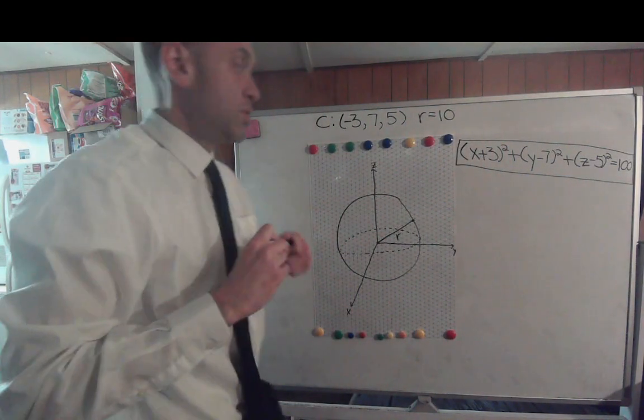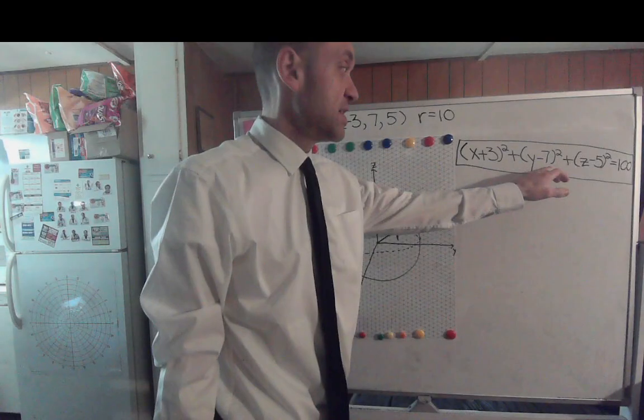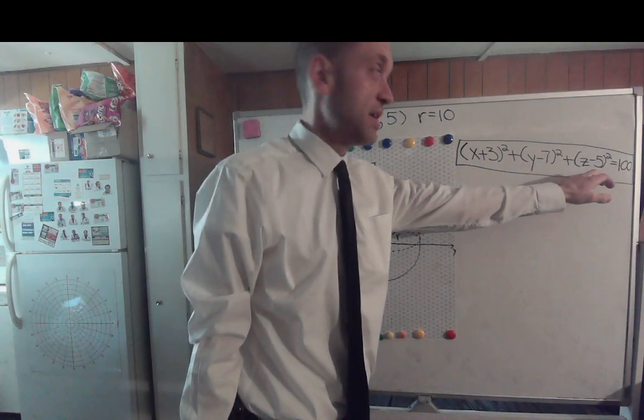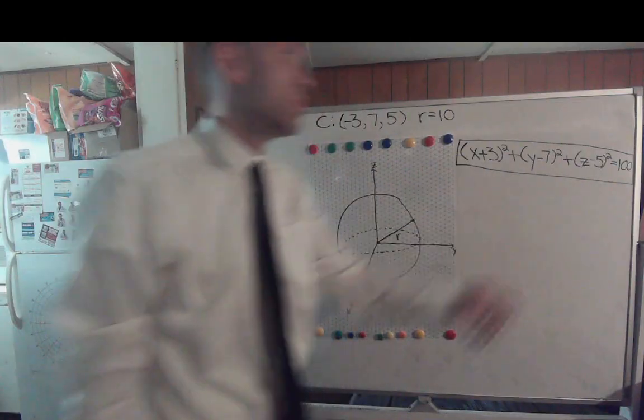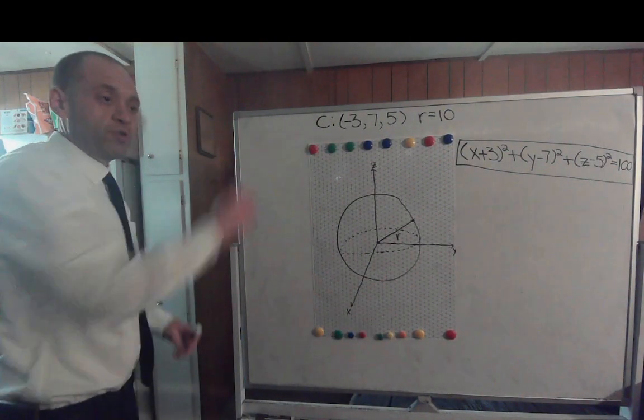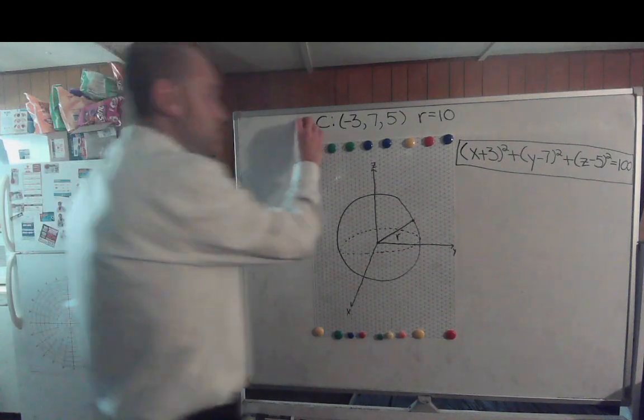Your r is 10, your radius, so that would be 100. So the equation of this particular sphere would be x plus 3 quantity squared plus y minus 7 quantity squared plus z minus 5 quantity squared equals 100. So that's pretty basic. It's a lot like finding a circle.